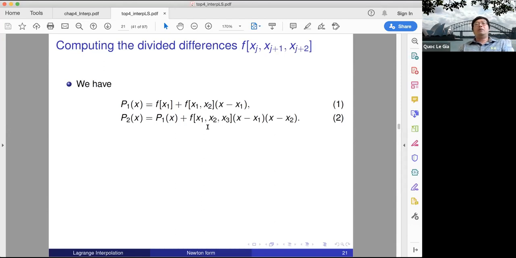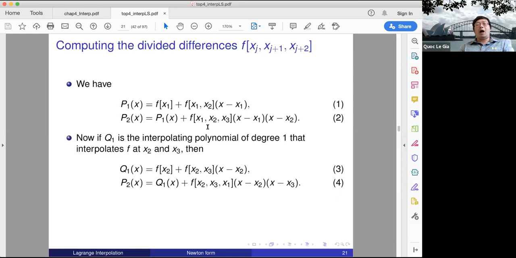So now I say that P2 can be constructed in two ways. First, you interpolate on x1, x2, and then you construct with x3.